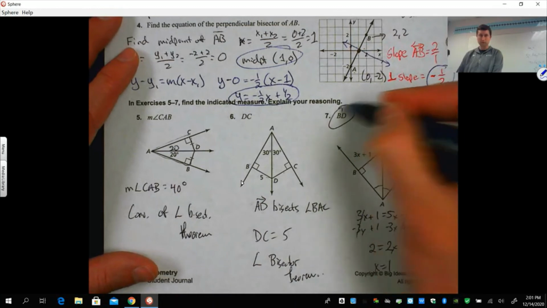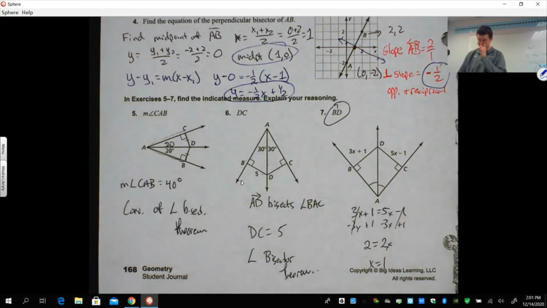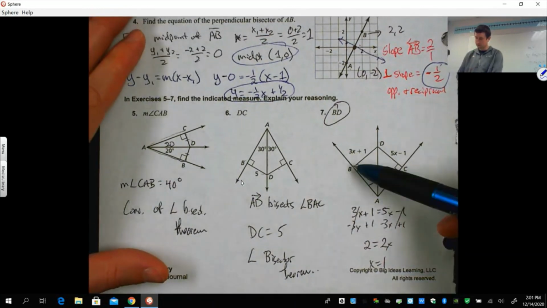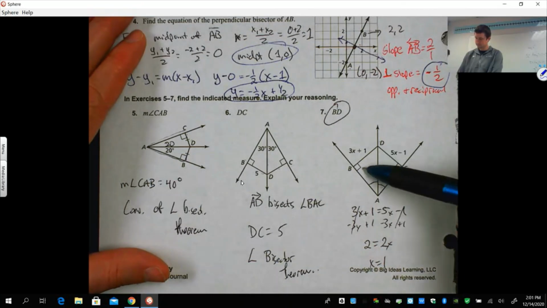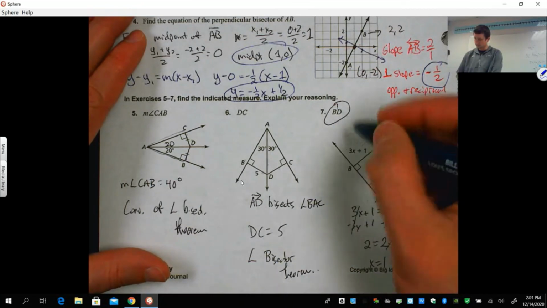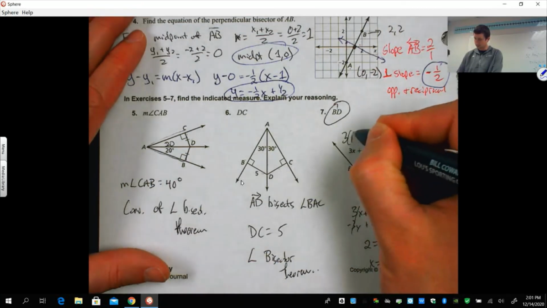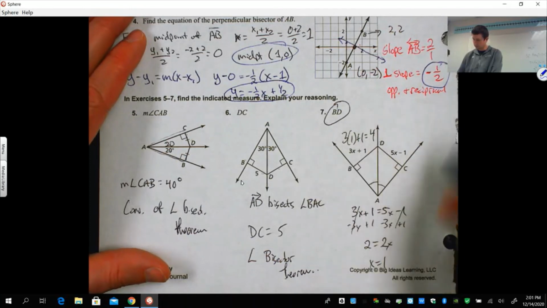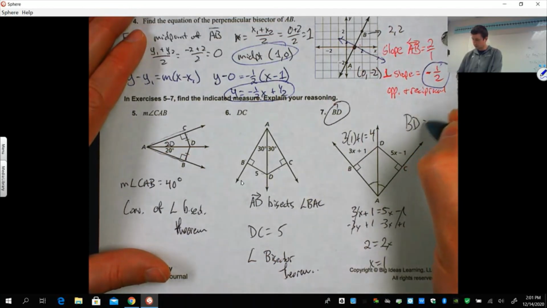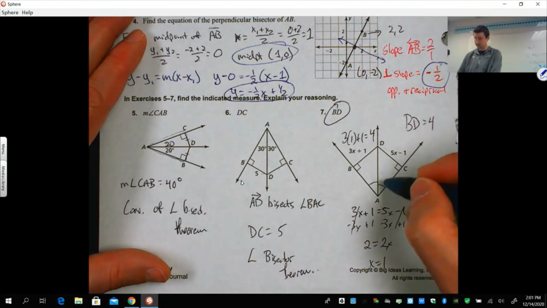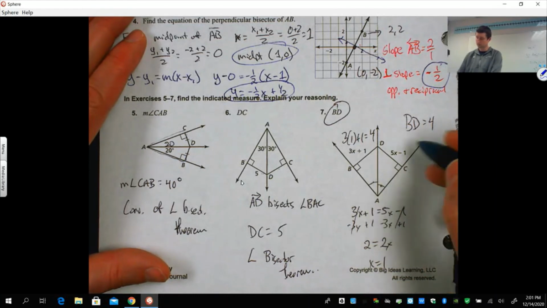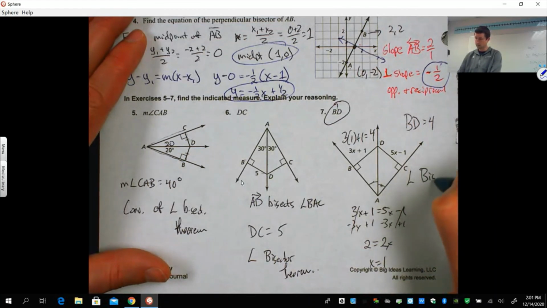Make sure we answer the question. They want BD. So if x equals 1, this would be 3 times 1 plus 1, which is 4. So BD equals 4, and they gave us that the angles are congruent, so we're using the angle bisector theorem.